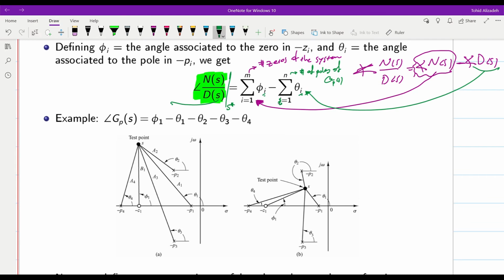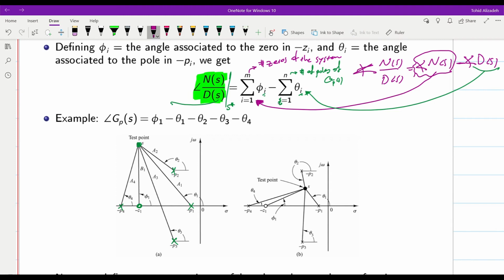Over here we have an example. We have a system in which there are several poles, as shown here, and a single zero. We want to find the phase of GP at a test point like s over here. The trick in finding the phase of GP is to find the phase contribution from the zeros.